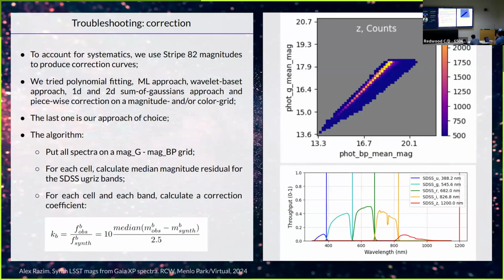These systematic corrections that are magnitude and color dependent turned out to be pretty complicated, and we tried to correct them with a number of approaches: a machine learning based approach, wavelet corrections, simple polynomial fittings, and so on. Originally, we hoped that we would be able to correct the spectra using narrow corrections, hoping to fix the sources of the highly random noise present in certain parts of the observed low resolution spectra.